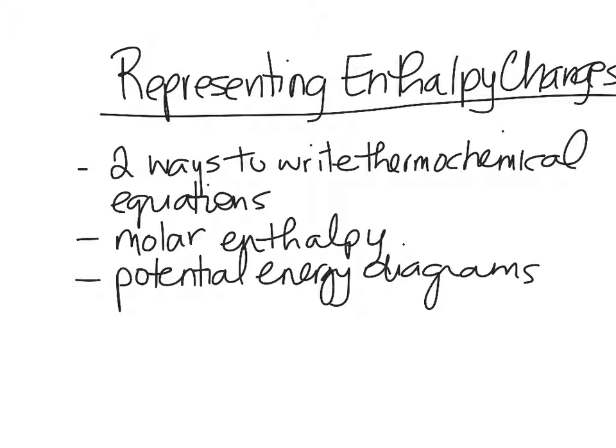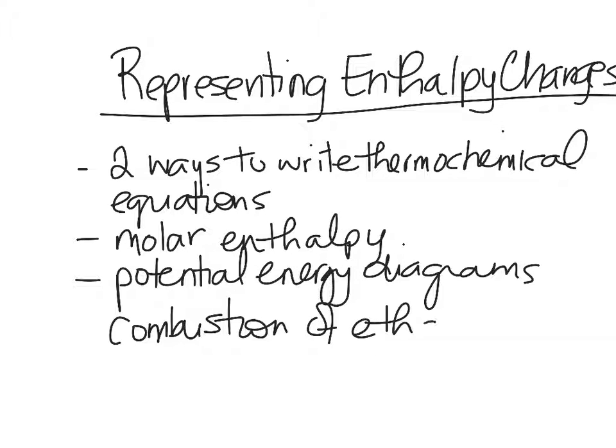Okay, so we're going to represent the information 4 different ways for the combustion of ethane. What's the chemical formula for ethane? I get a little nervous when you don't know this. Christian?